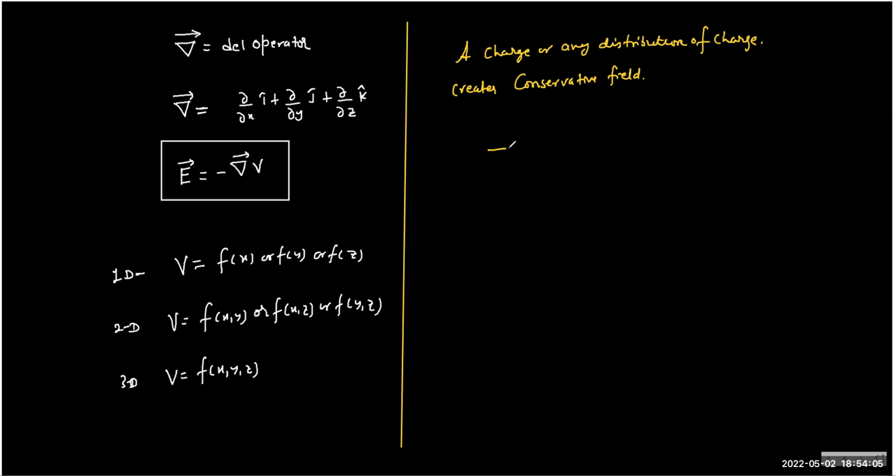So now, how do we prove a field is conservative? We have done this before, so we can do it again. If I take the del cross E, the cross product with the given vector, this is called curl of E. Curl means rotation.